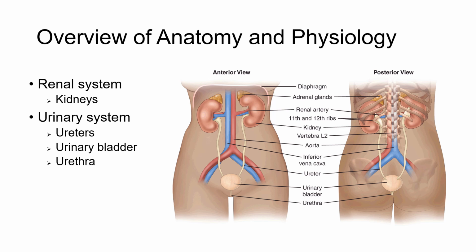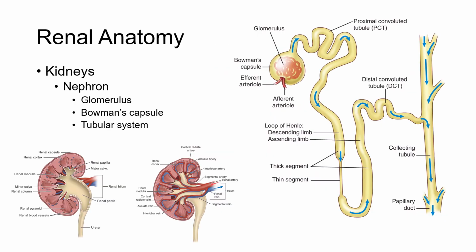So here in this image, you have the overview of the anatomy and physiology of our renal system. That includes our kidneys that have ureters that connect to the bladder, that then connect to a urethra that can drain the urine from the bladder that the kidneys made. Inside our two kidneys, we have over 1 million nephrons, and nephrons are the functional unit of the kidney.